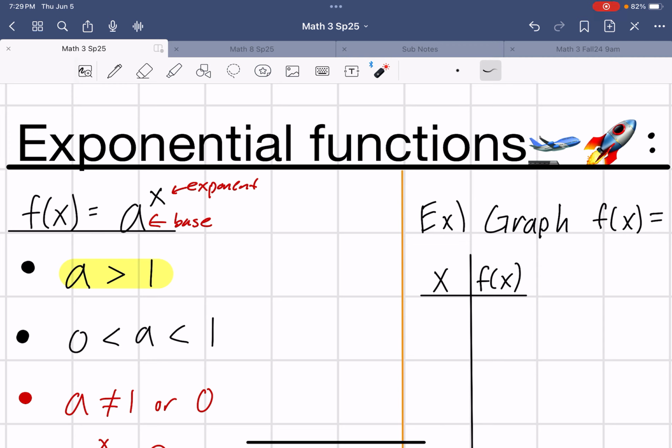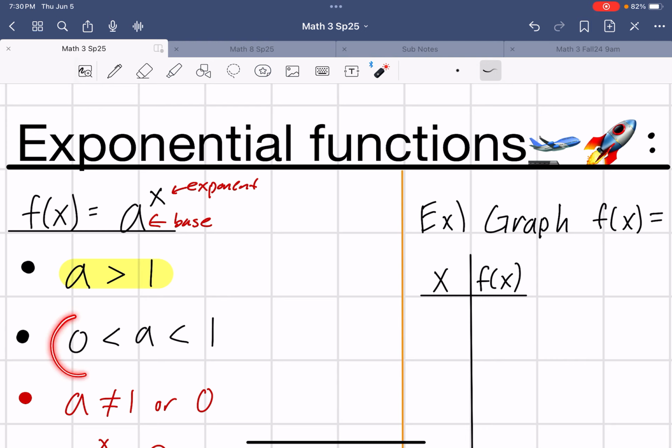And there's two versions of it. You can either have a number strictly bigger than 1 or in between 0 and 1. But notice, the entire time, it can't equal 0 either, because once again, 0 to any power is going to give you 0 essentially, and being equal to 1 will also just give you 1.